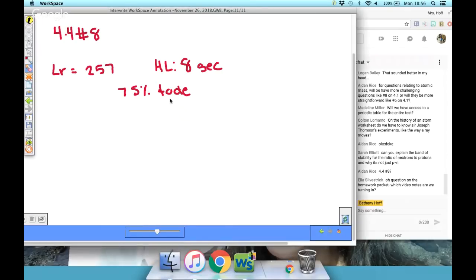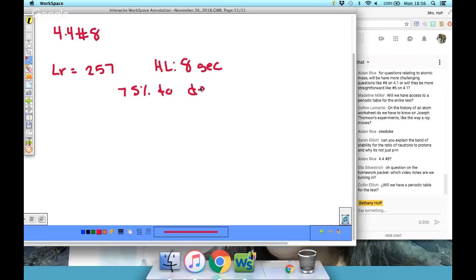What you want to think about is that when we talk about something to decay, what that really means is that 75% of the sample decays. That means that we have 25% left. And half-life is really based off of this percentage.